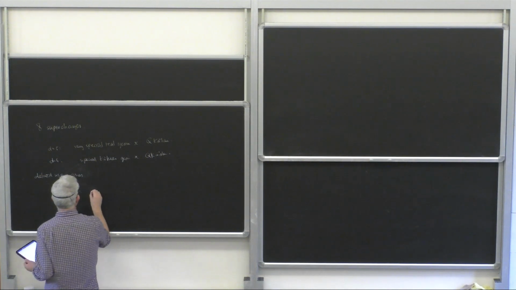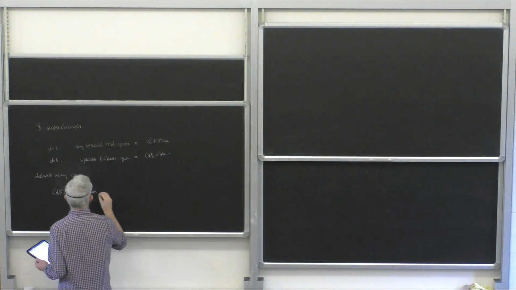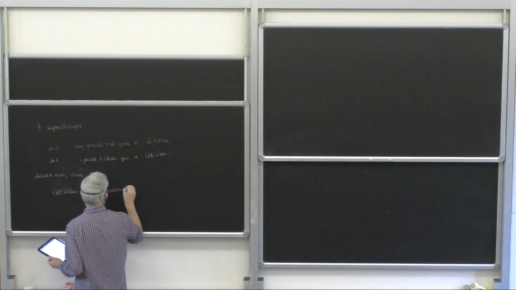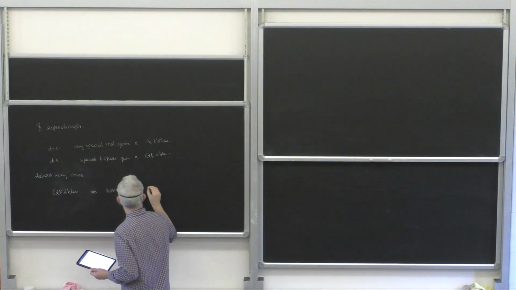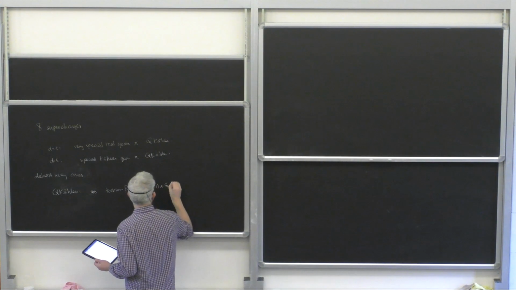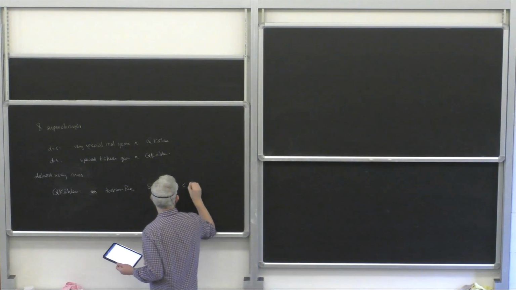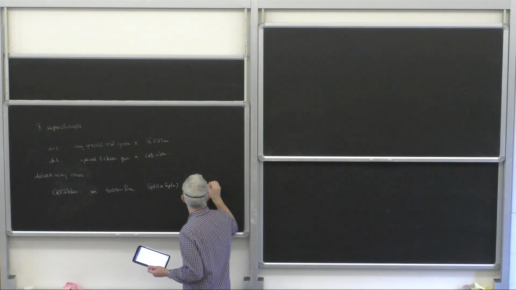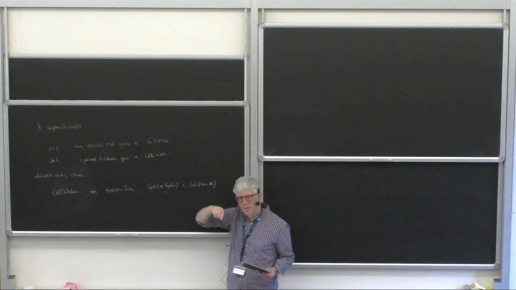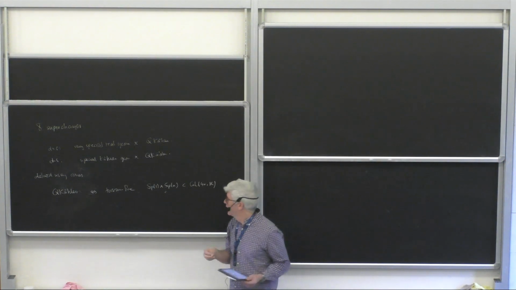So this is actually the same as a torsion-free Sp(1) times Sp(n) structure inside GL(4n, R). These Sp groups are the groups that preserve the norm on quaternions.